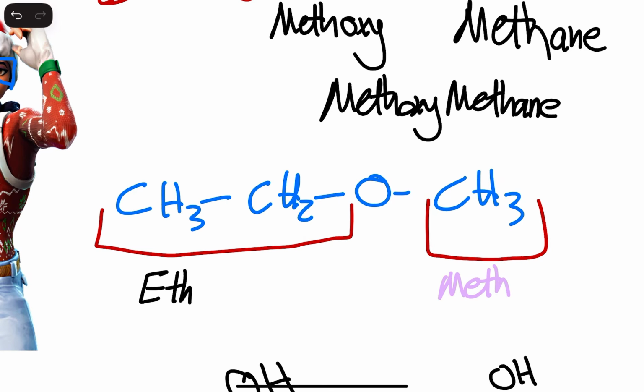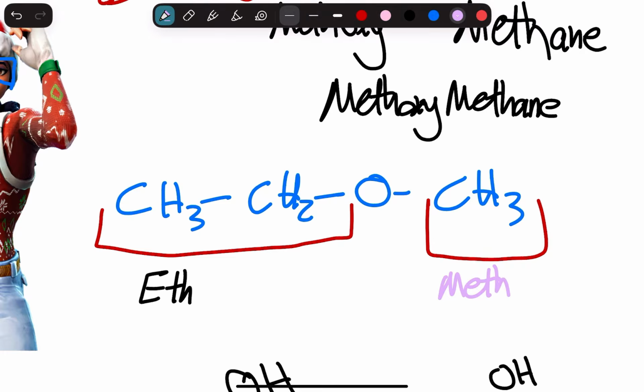So now we gotta know which one gets the oxy and which one gets the ane. So the shorter side always gets the oxy ending. So whichever side is the shorter one, the one that has the least carbon atoms, gets the oxy ending.